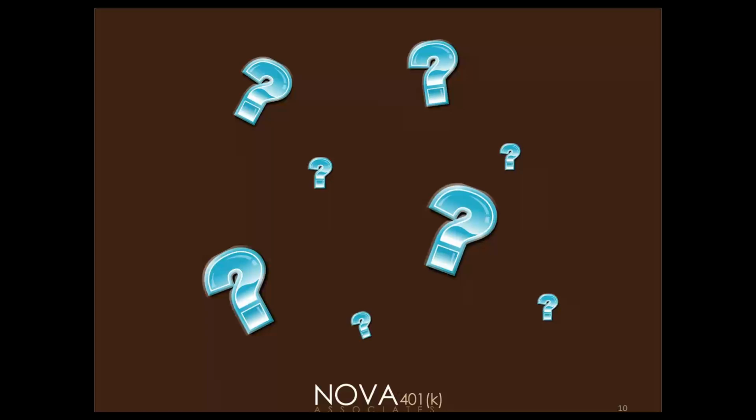If you just go to youtube.com, search Nova 401k Associates, double click on our channel and then click all videos, you will see that video that we just posted recently. But if you do have any questions, please of course reach out to your Nova account manager as you're working on completing that request.